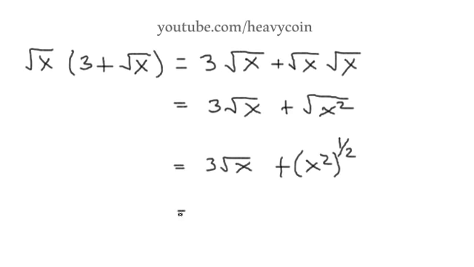And so we would have 3 times the square root of x plus, and 2 times a half is just 1, so we would just be left with x. Okay.